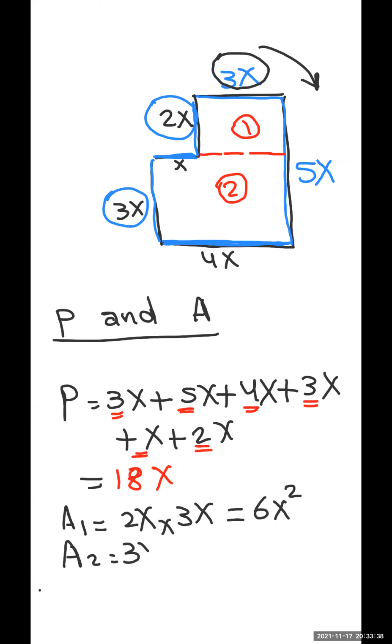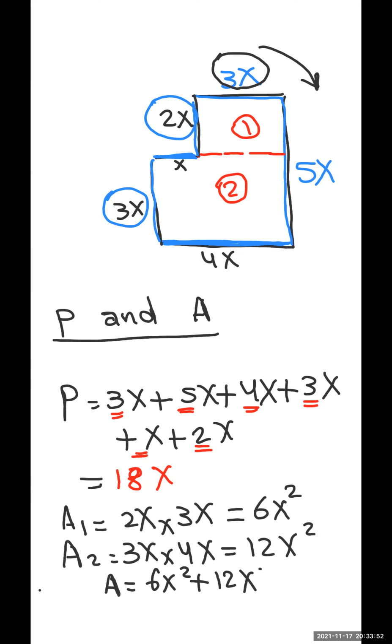So 3x times 4x will equal 12x squared. So the total area will equal the sum of the two areas, 6x squared plus 12x squared. So it will equal 18x squared. That's it. That was the first option.